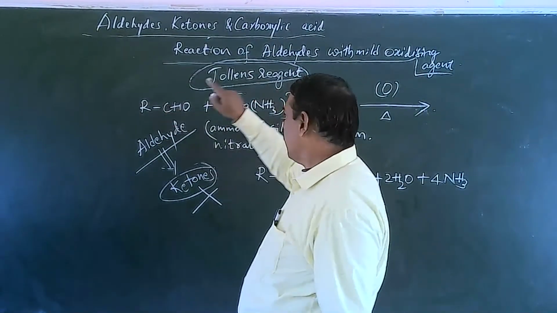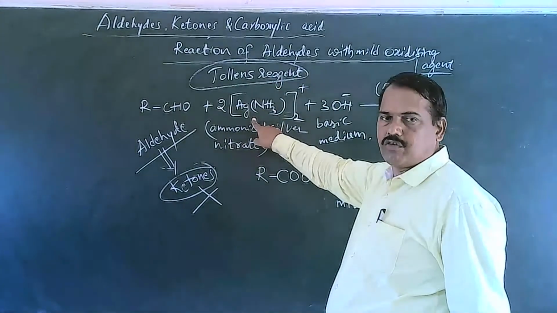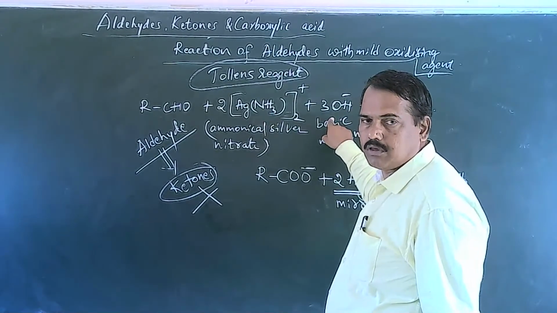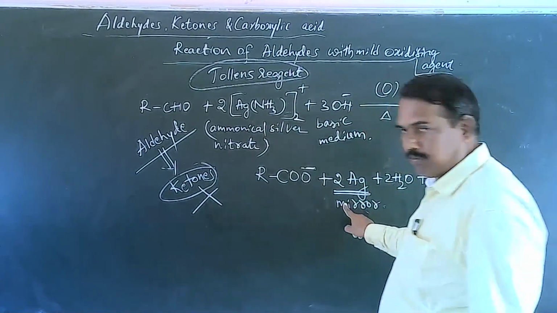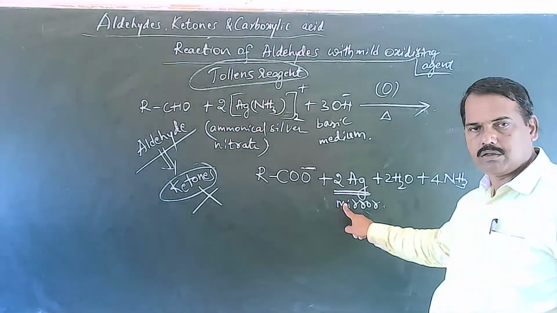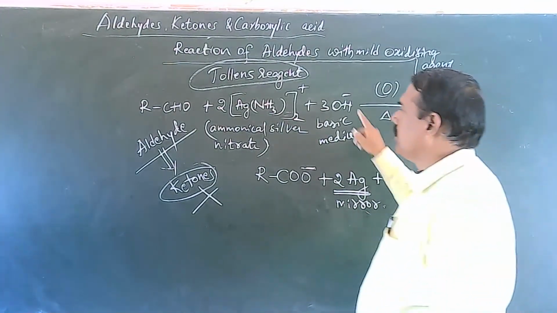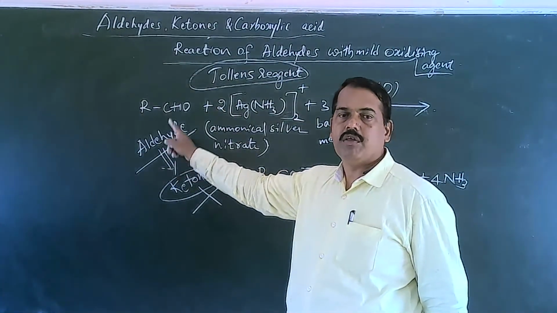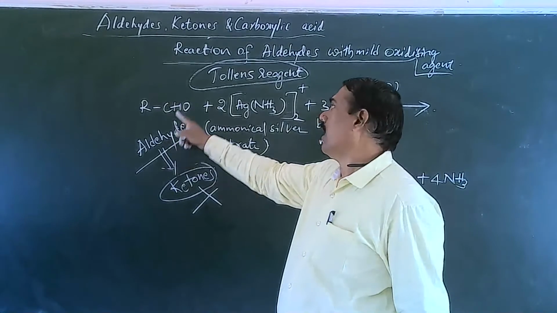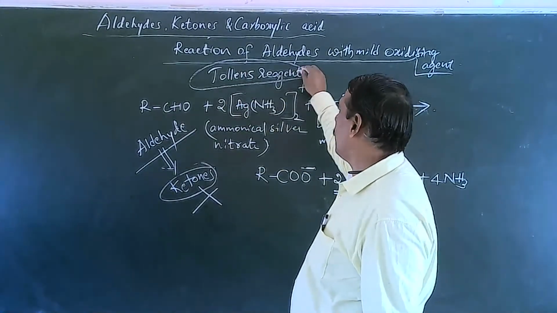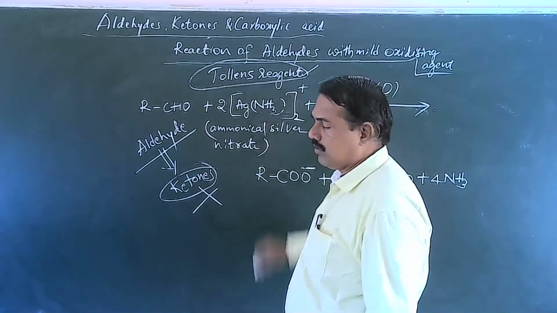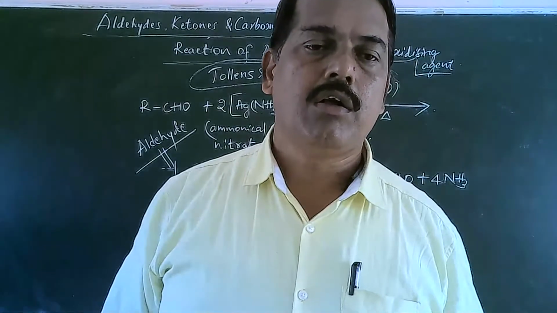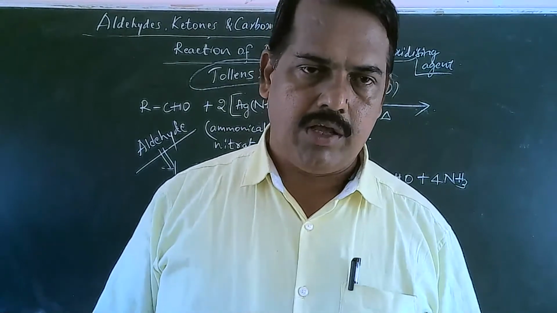When an aldehyde reacts with ammoniacal silver nitrate solution in the presence of a basic medium, a bright silver mirror is obtained. So this reaction is the test for aldehyde, and this chemical is called Tollens reagent.